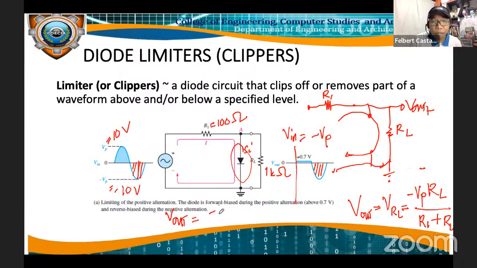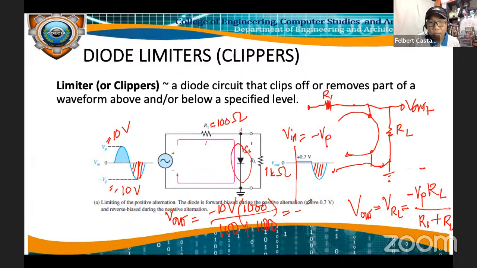negative VP, is negative 10 volts. Yan, negative VP. Kasundin mo lang talaga yung, ayan, yung numerical value. So negative 10 volts times RL ko na 1 kilo ohms or 1,000 ohms divided by the total resistance kasi naka-series sila, di ba? So 100 for R1 plus 1,000 ohms for RL. Yan. So negative 10 times 1,000, calculator na lang.